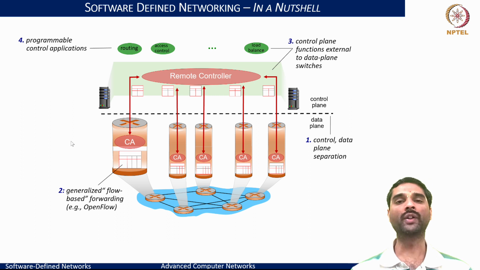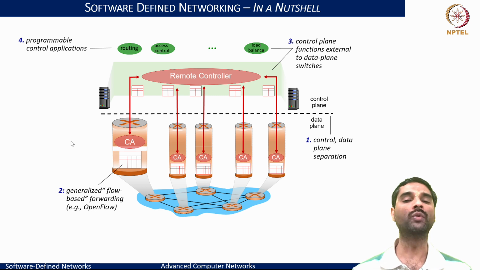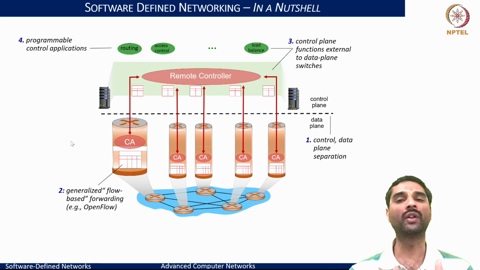So through this simple decoupling of the control and data plane and centralization of the remote control, we are able to now see a paradigm shift in terms of how networks can be operated and managed, in a much simpler and centralized way. And that's where SDN started to gain traction and became very popular.